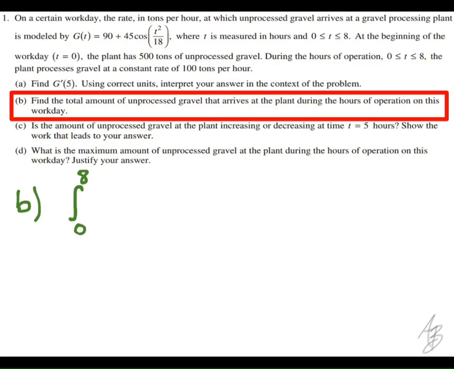It already says here that the rate that it's coming in is this big G. So this is the derivative of the amount of gravel that's there. That's already the rate of change. So we're going to integrate that function right there, the 90 plus 45 cosine of t squared over 18. Now, there's two things that I'm missing with this integral.